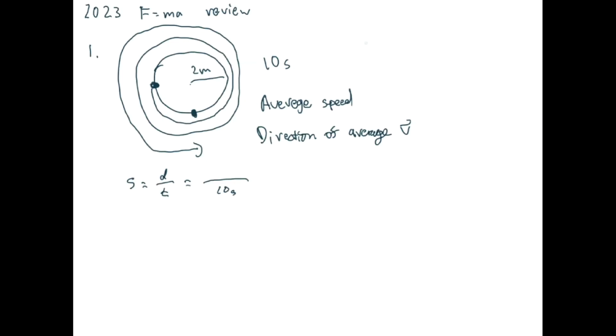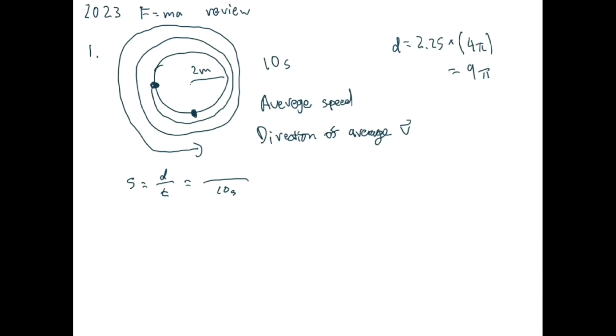Well, it completes 2.25 rotations, and each rotation, it will travel 4 pi because that's the circumference of our circle. So this means that the total distance traveled is 9 pi.